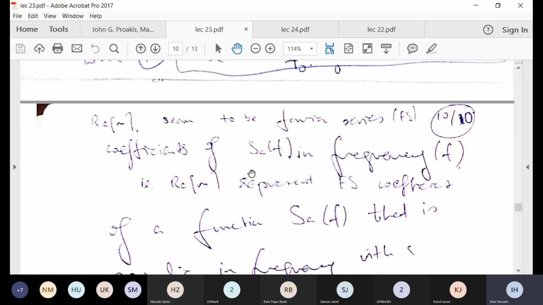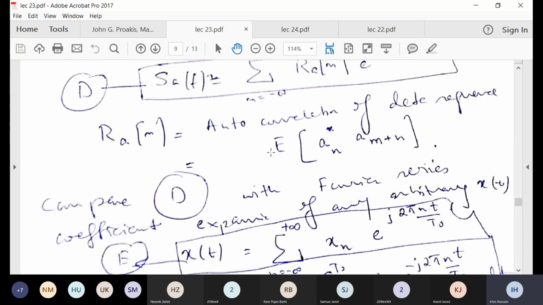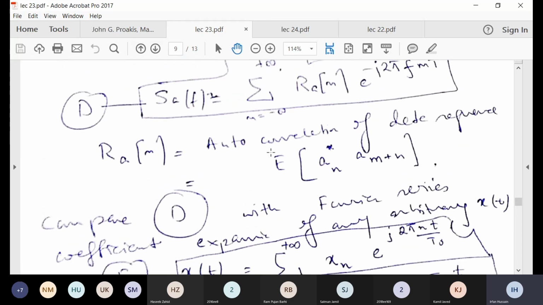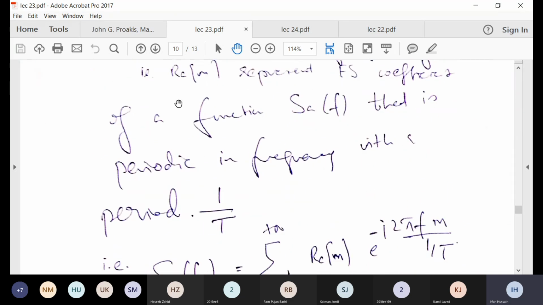We can see that R_m seem to be the Fourier series coefficients of S_A(f). If you compare this equation with this equation, as here x_n are the Fourier series coefficients of x of t, it seems that with some little change, R_m are the Fourier series coefficients of S_A(f). And what is the change?